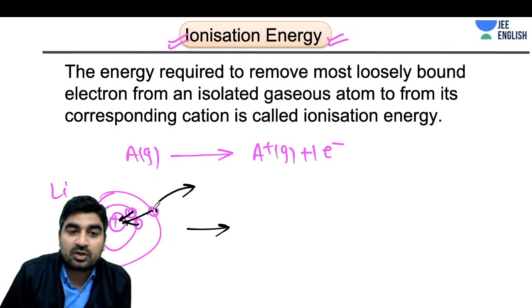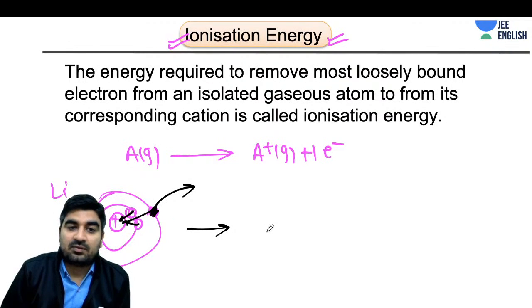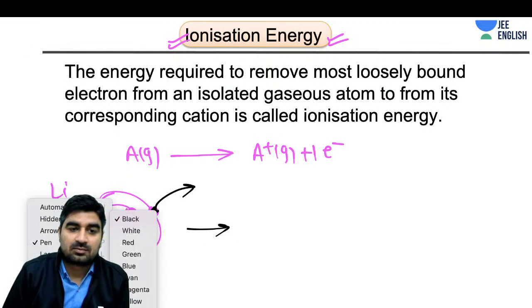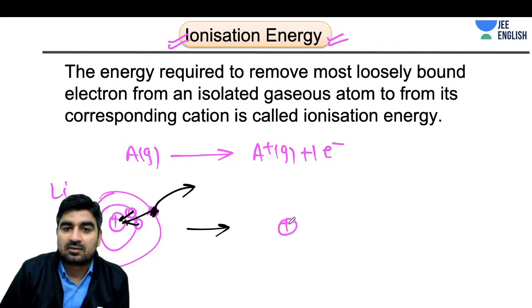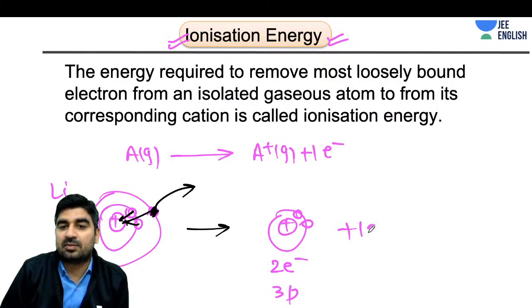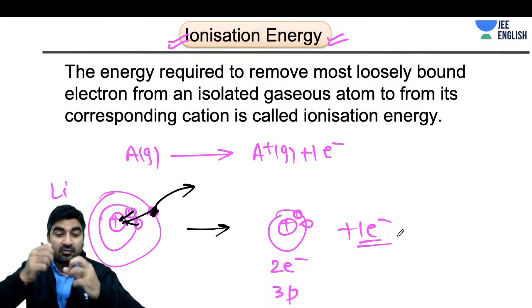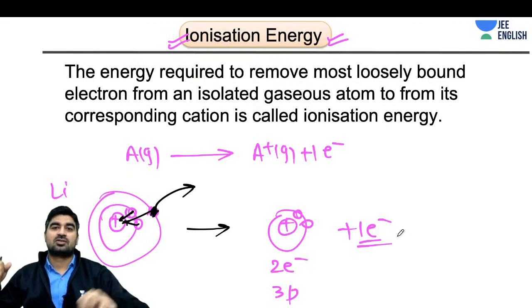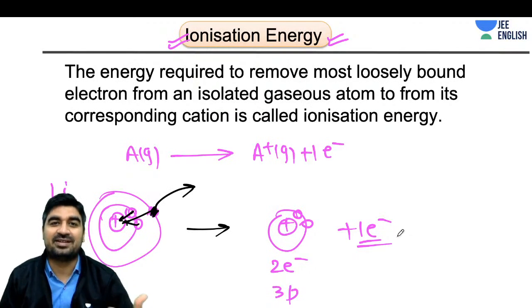And when I am going to work against this attraction, what will happen? I will be getting this. So now I will be having 2 electrons and 3 protons and 1 electron will be removed. Because I'm working against the attraction, I have to provide energy.